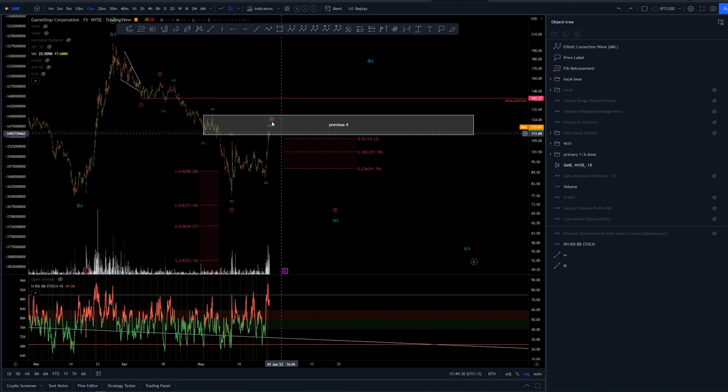But yeah, local time frame, this is definitely an interesting area. If we go through it, backtest, then it's moon. If we are going down or reject right here, then it's dumpage.